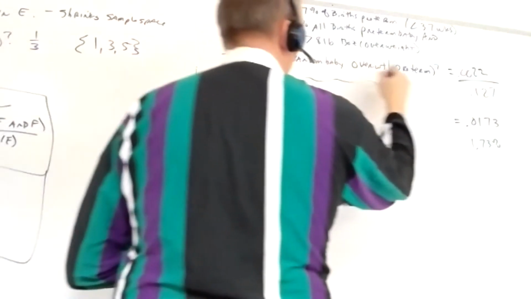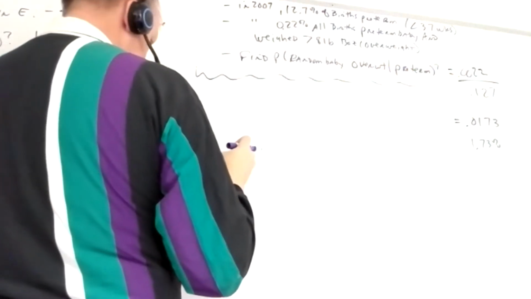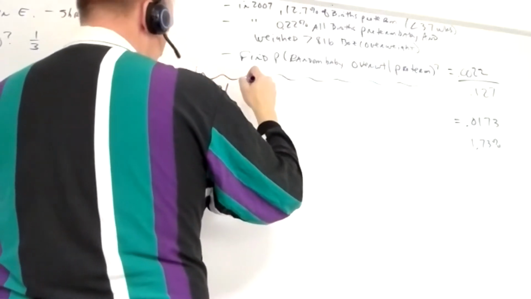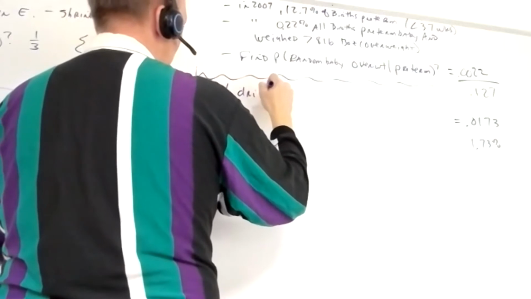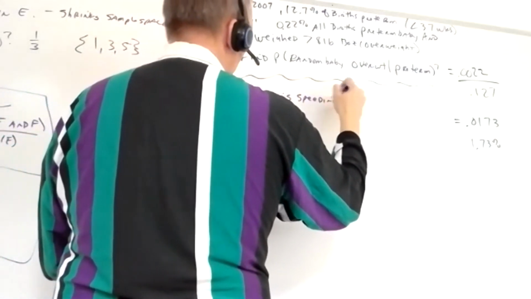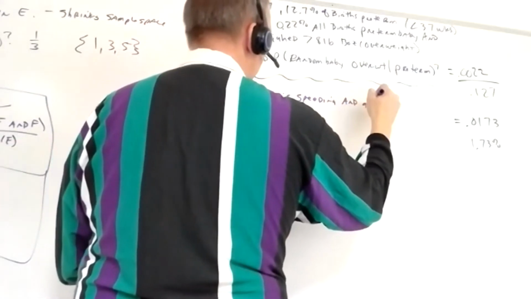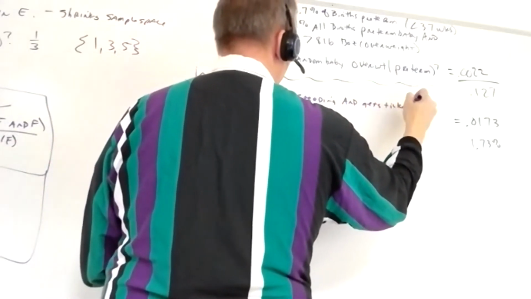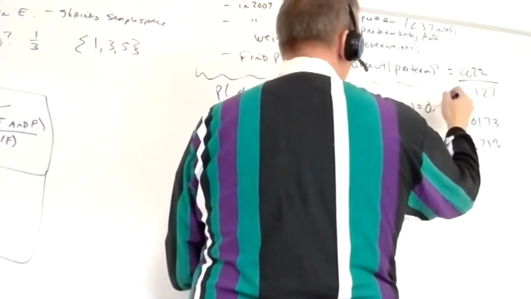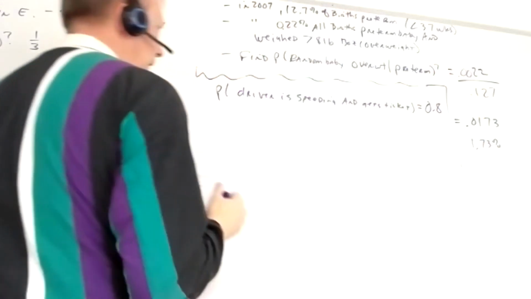All right. So let's do a different example. This example says the probability that a driver is speeding and gets a ticket equals 0.8. Okay?